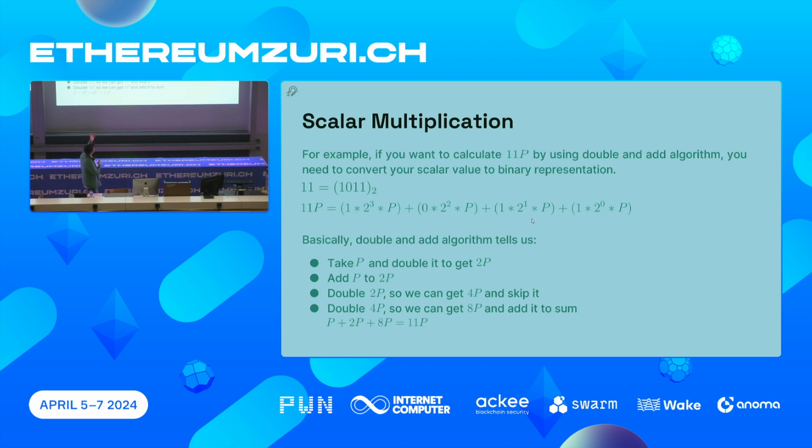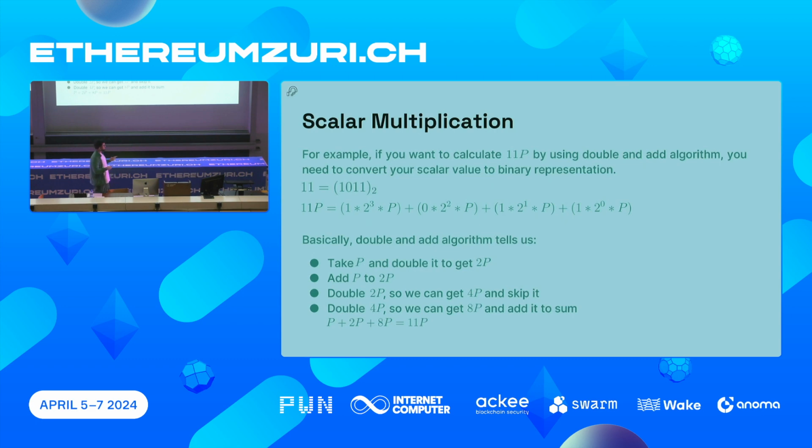So, for example, if you want to calculate 11P, we have to convert our 11 to binary. If the rightmost bit is 1, we say, okay, take your P and multiply it by 2 to the power of 0. Then if your second bit is 1 as well, you say, okay, take your P and double it and add it to your P, so you will get 3P, right?